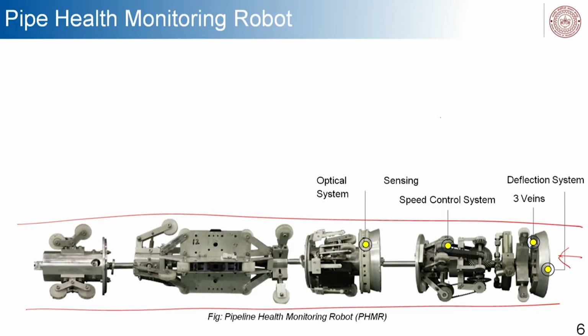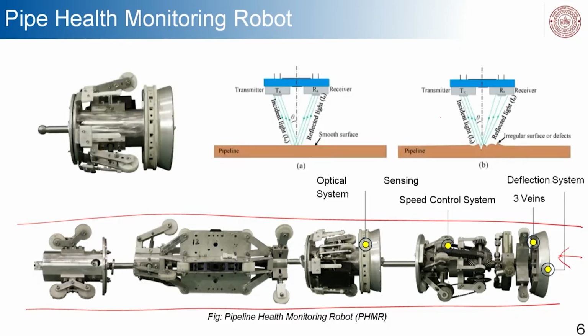After the speed control comes the optical system sensing. So, it has the first level of eyes which actually senses in the infrared range. So, you can see that as the rays come, incident light IR, and it goes back. So, with transmitter and receiver, we start to see whether there is a crack or not.